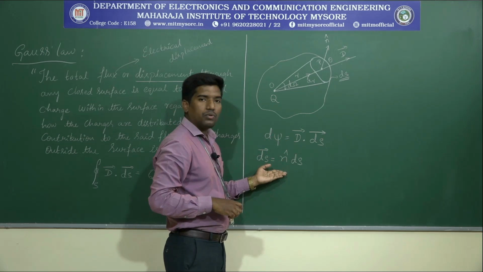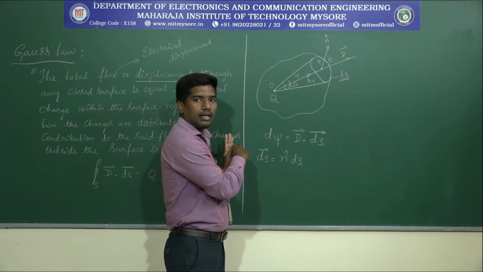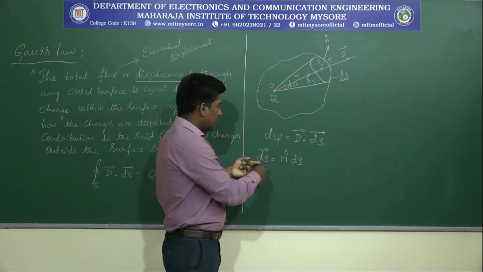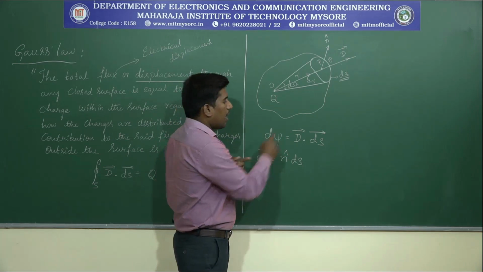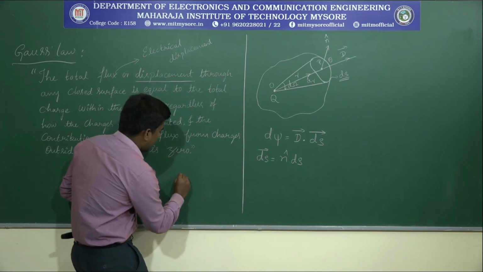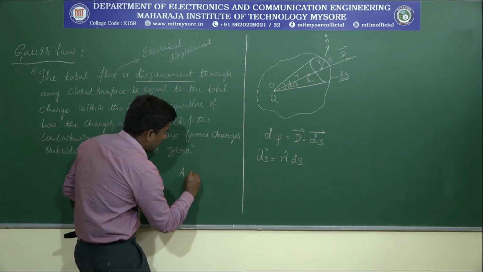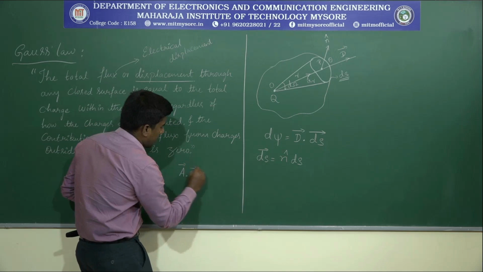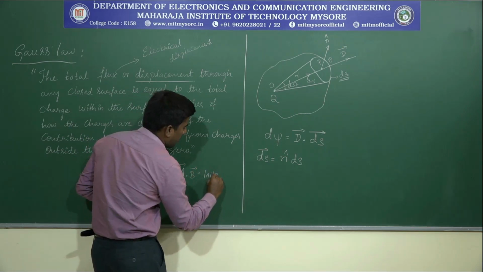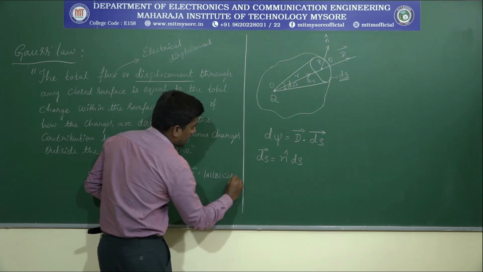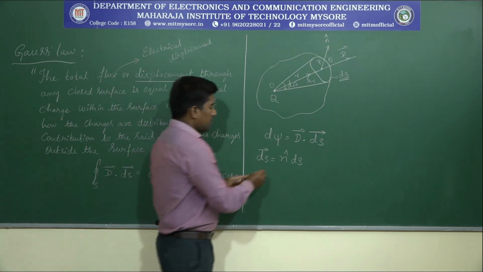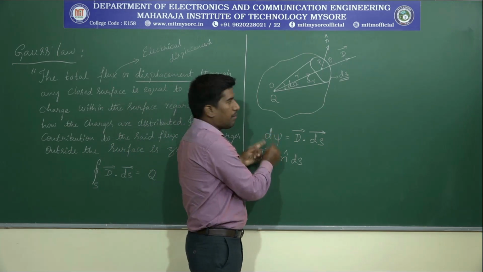These two equations were already written while explaining electric flux density. And one more thing you need to remember: a dot product between any two vectors A and B is equal to magnitude of A into magnitude of B into cos theta. This is the dot product equation.